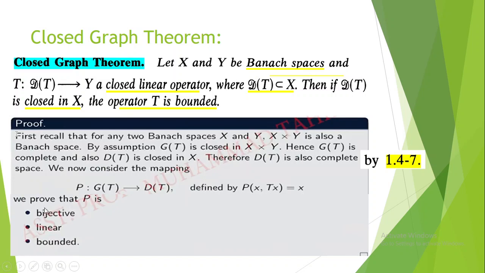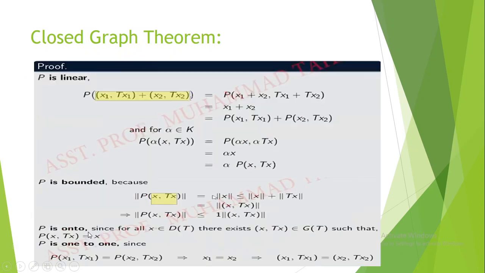Now we prove three things. First, we will show that this mapping is bijective, and this mapping is also linear. And finally, we will prove that this mapping is bounded. When we prove these three things, then we are done.